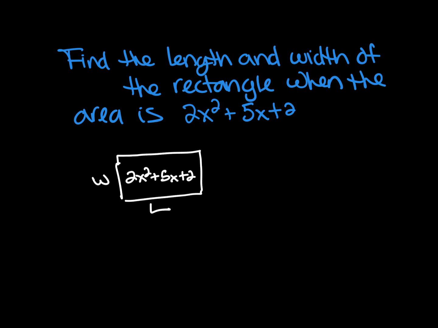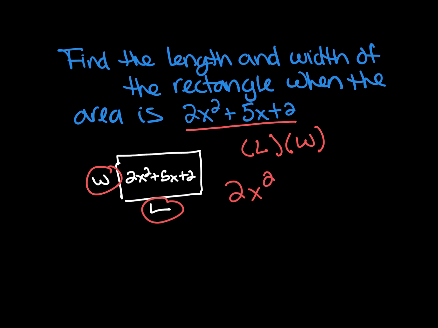In this next problem, it's also about area, but this time they gave us the area. And we're looking for the length and the width. So essentially we're looking for the factors. So we're going to take the trinomial and do what we normally do when we factor trinomials where the leading coefficient is not 1. So we're going to go 2 times 2, which we know is 4.